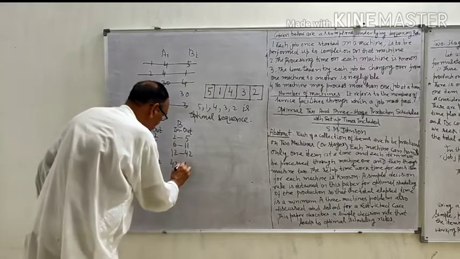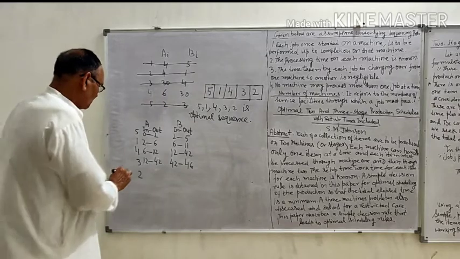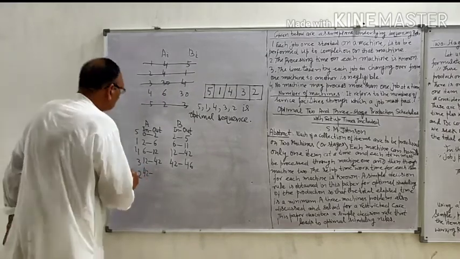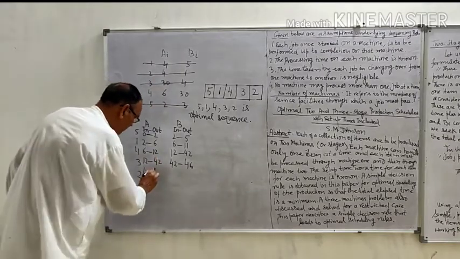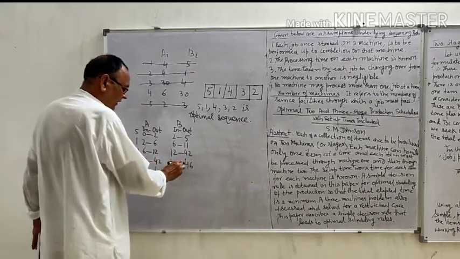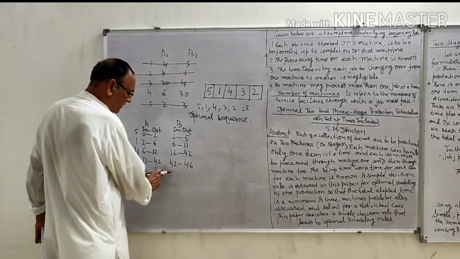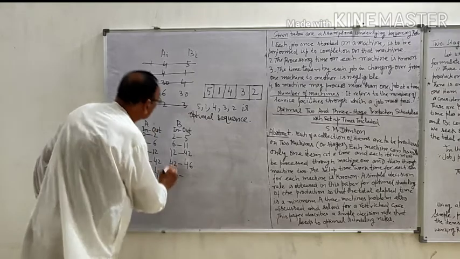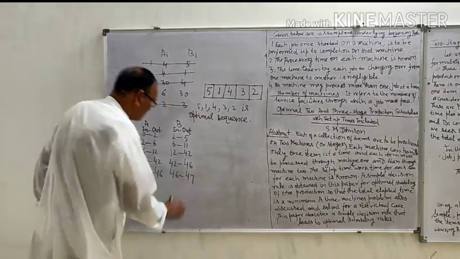So 42 and 4, 46. Then the second job: machine B is free at 46, the job is also available at 46, and with processing time 1, this is 47.